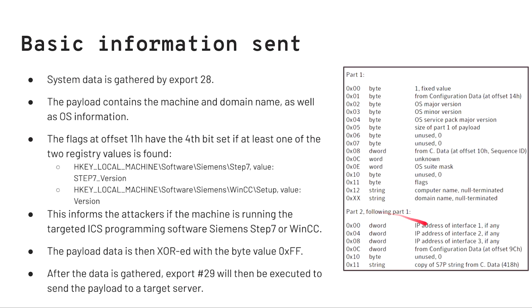We expect newer version operating systems to have patched some of the vulnerabilities. And also there's information about IP addresses and interfaces of the network, and some Siemens-specific code, a copy of this S7P string from this data component.